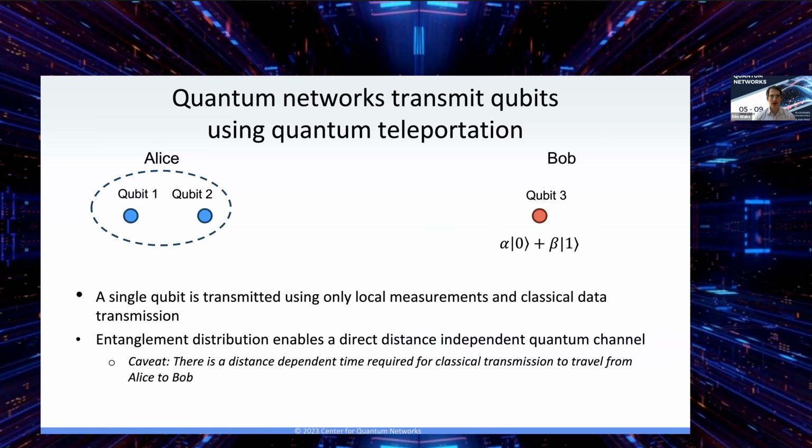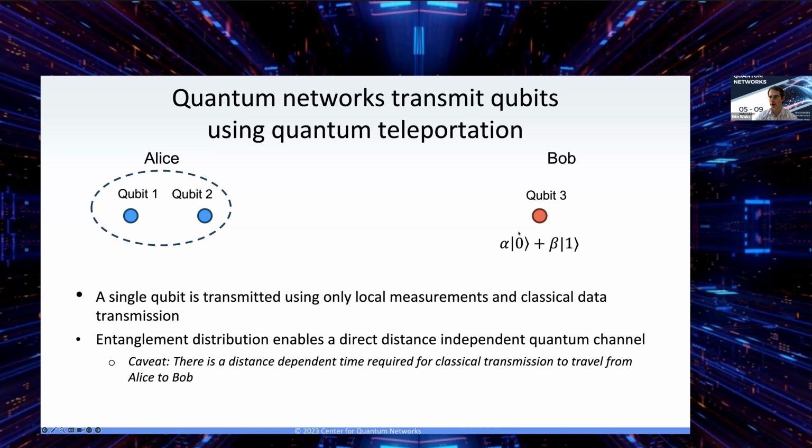Notice what happened here. What we've succeeded in doing is teleporting Alice's state to Bob without having to send any quantum transmission. The only thing we had to send was a classical bit of data to tell Bob whether he should flip the bit or flip the phase. This information carries no information about the actual state of the bit.